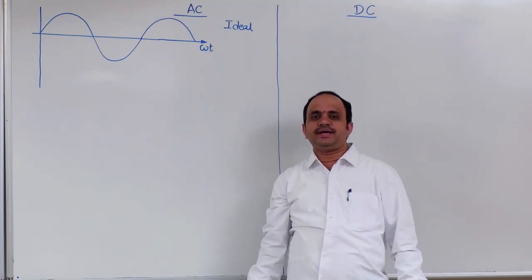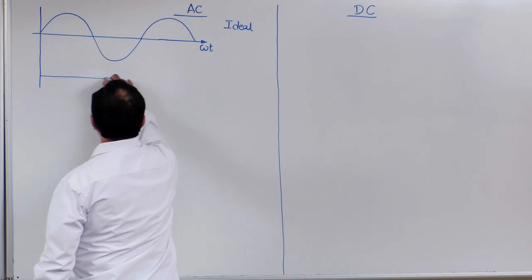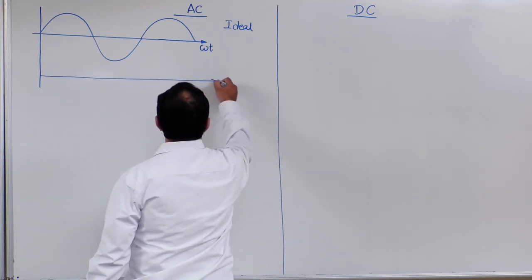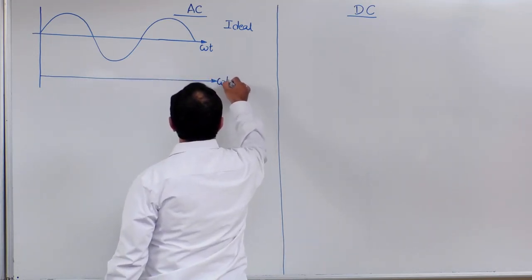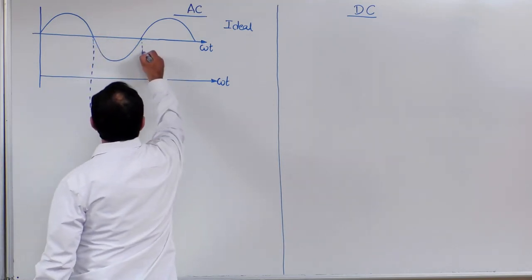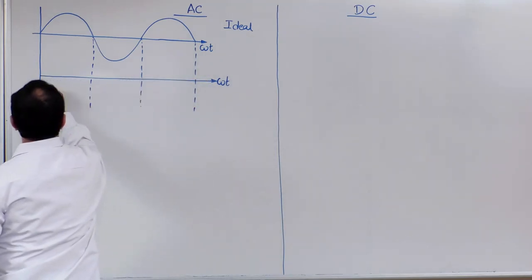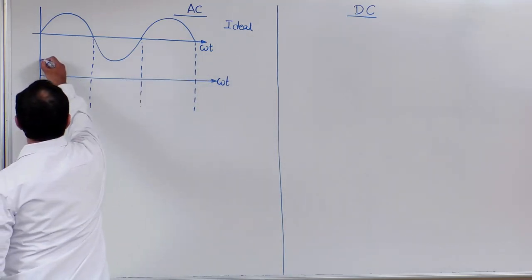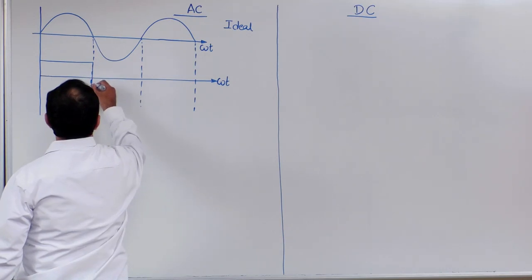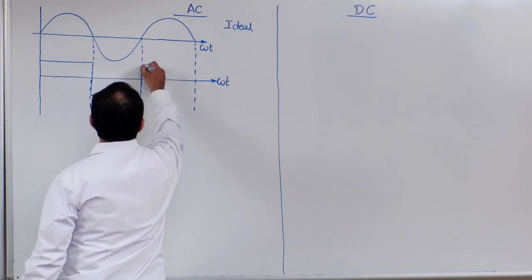They operate as switches. Due to switching operation, the waveforms will deviate from sinusoidal nature. Therefore, let us take one square wave just for illustration.